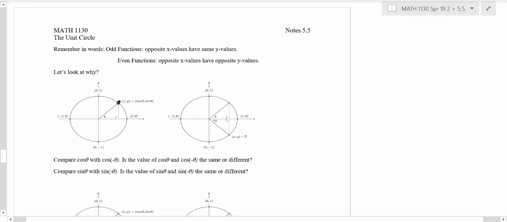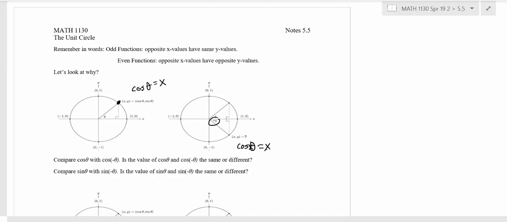For instance, if this is theta, then the cosine of theta is just the x value. If you do negative theta, then you end up getting the same thing. The cosine of theta would still be x. So the idea is real simple. On a cosine, they're both going to have the same x value.